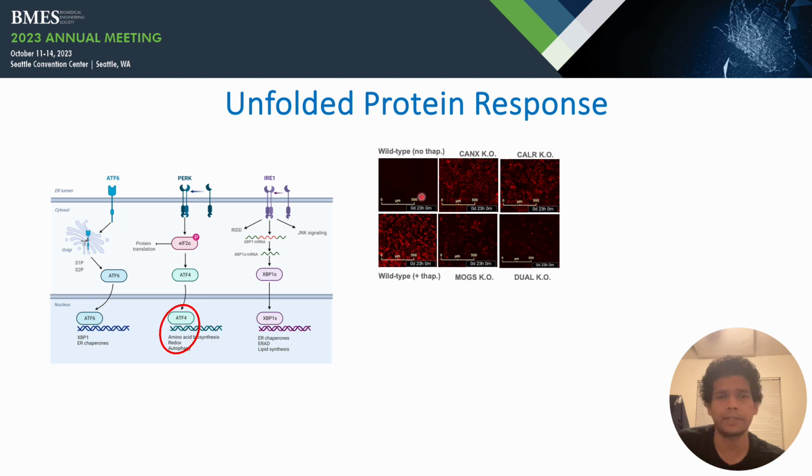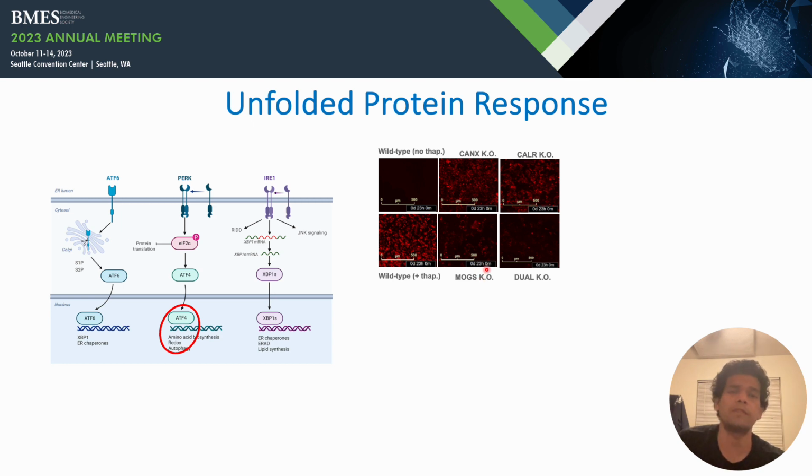When we checked that with the help of the ATF4 fluorescence reporter, we can see that there is a UPR response in all the knockouts, but this UPR response is not at the same level.